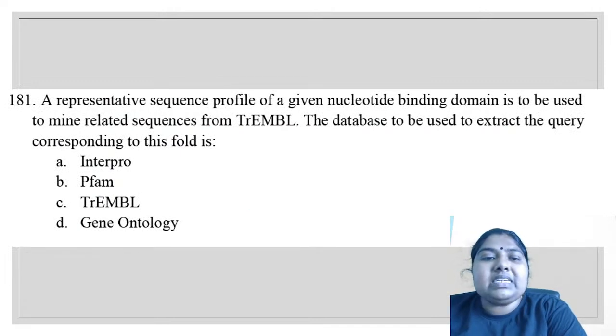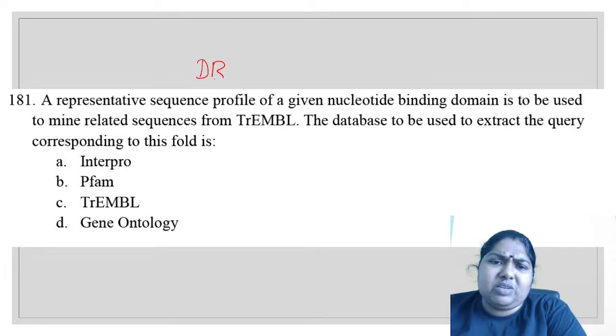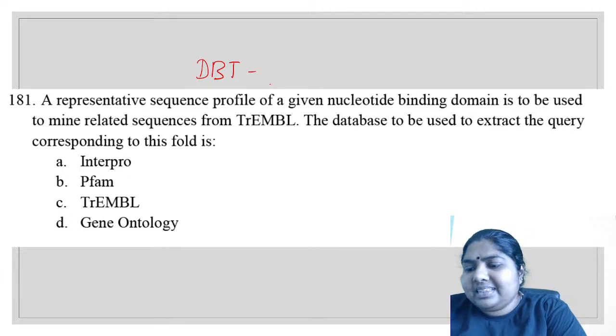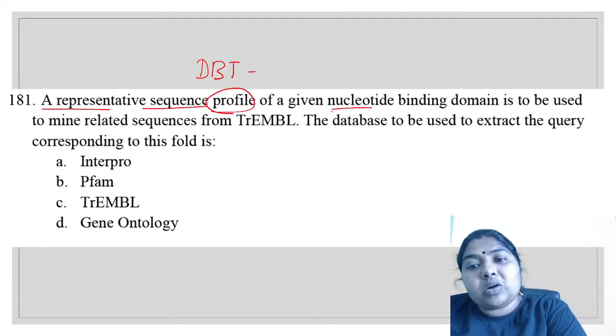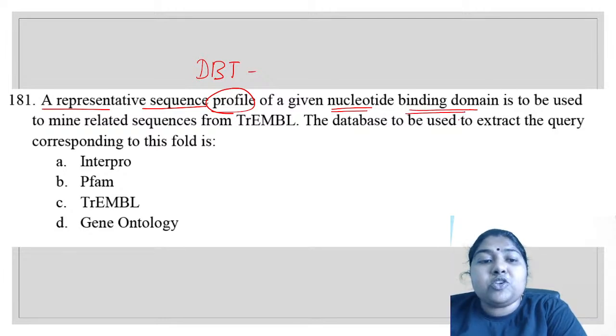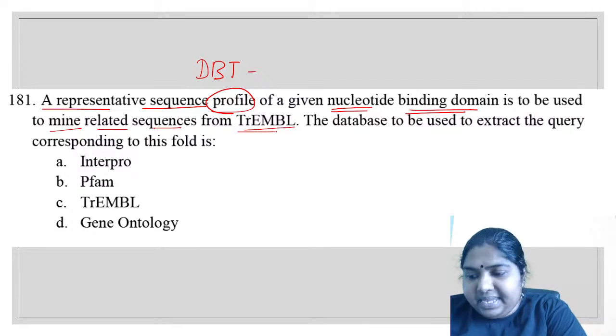See our DBT recent question. Recent means maybe from 16 or 17 or 18. A representative sequence profile of a given nucleotide binding domain is used to mine, means search, related sequences from TREMBL.